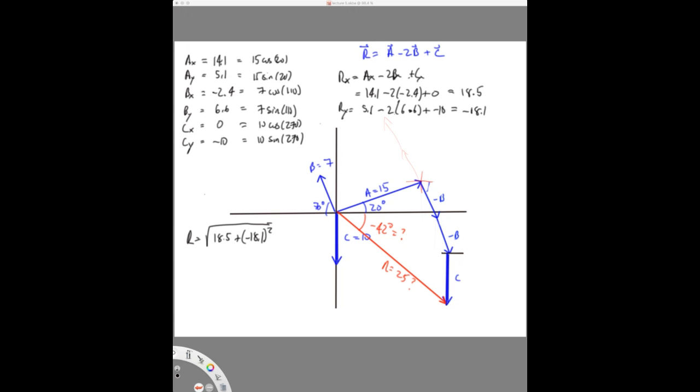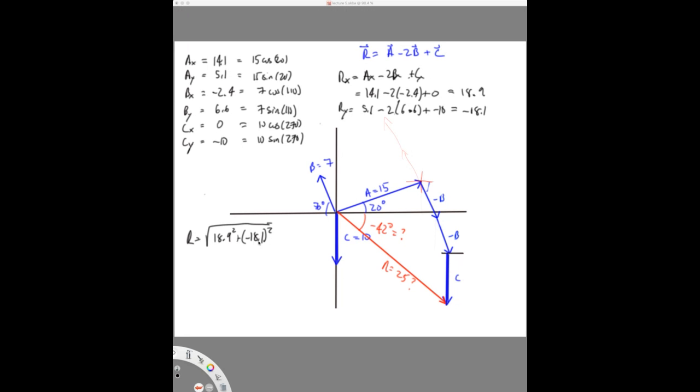I am getting, Rx, is it? Yes, it should be 18.9. Thank you. Okay, good. So that's the 18.9 squared. Thank you, Allison.